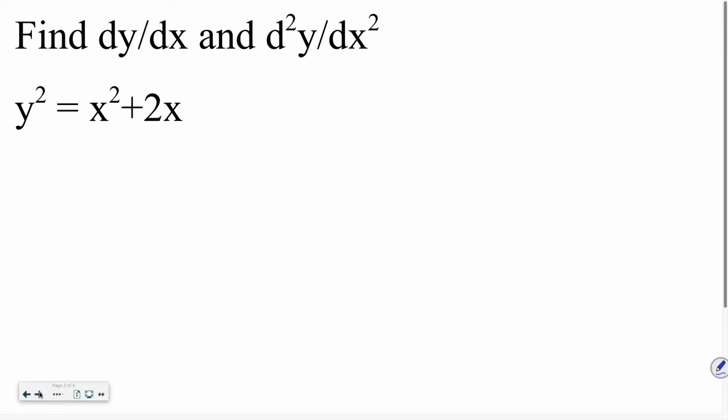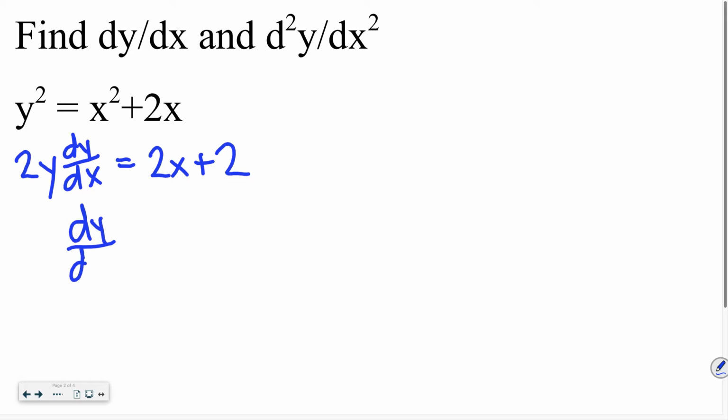Okay, so first let's find dy dx. You ready? Derivative of y squared. 2y dy dx equals derivative of x squared plus 2x. 2x plus 2. Okay.